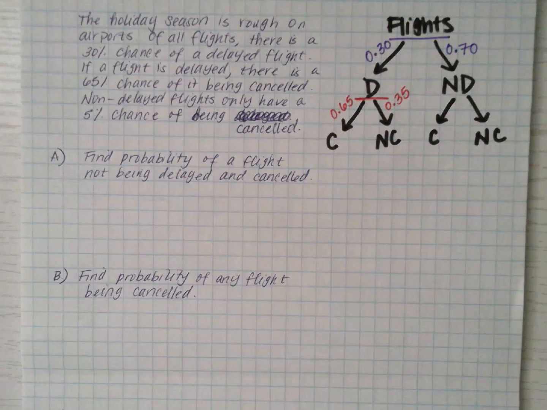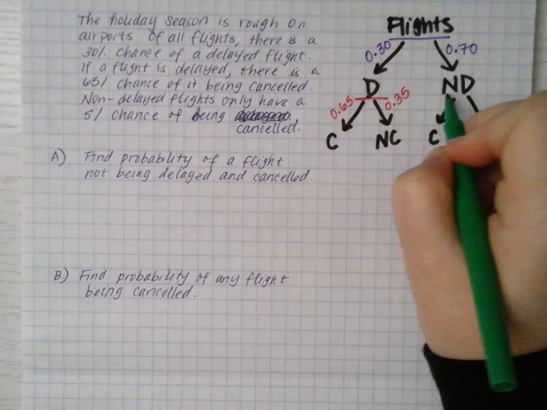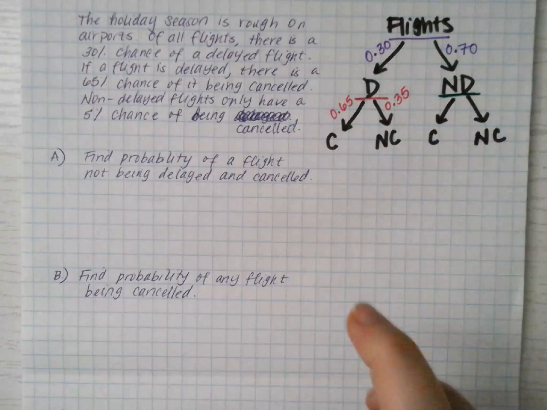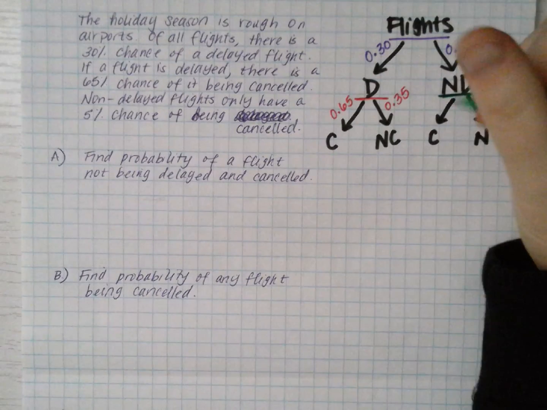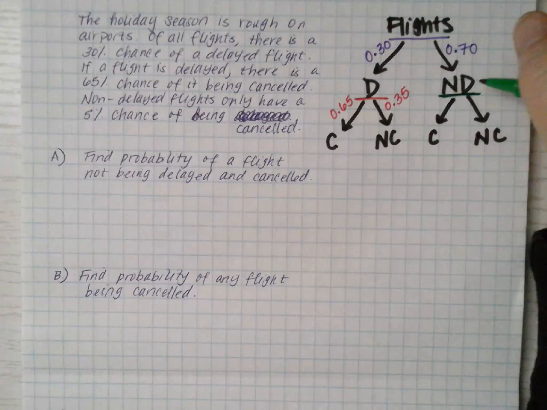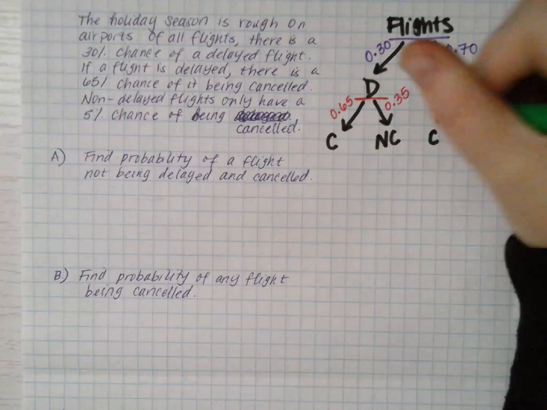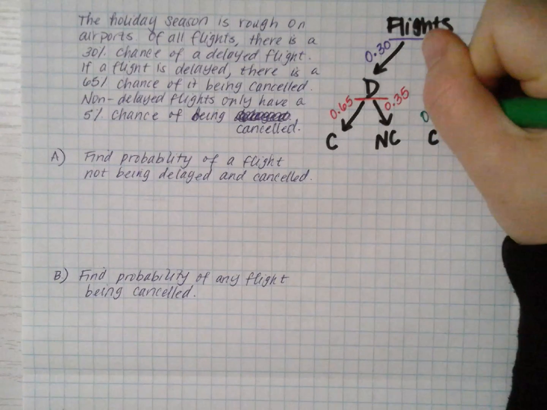And then my other condition is that it is not delayed. So of all the flights that are not delayed, there is a 5% chance of one of these non-delayed flights being canceled. 5% is a 0.05.